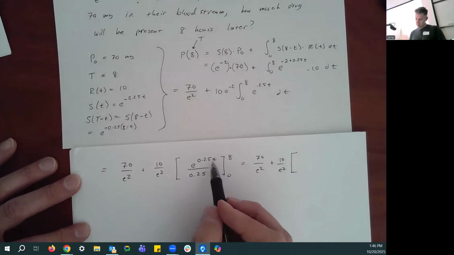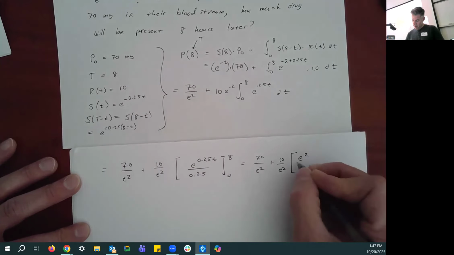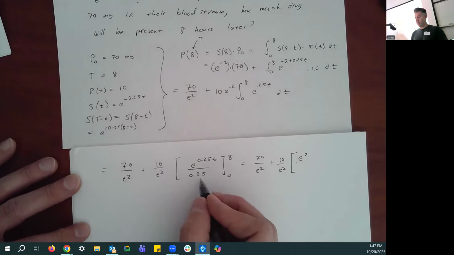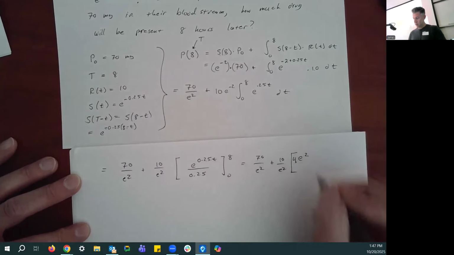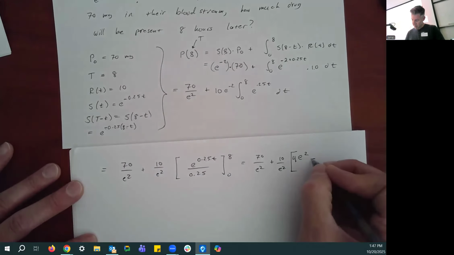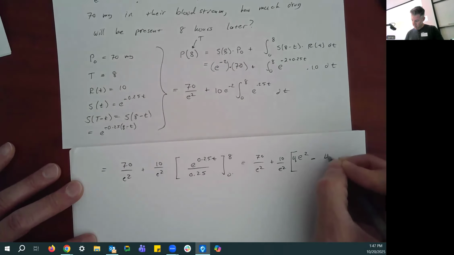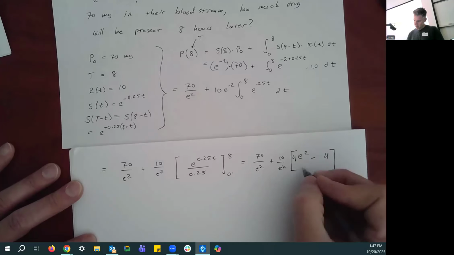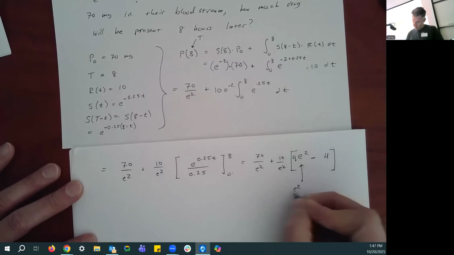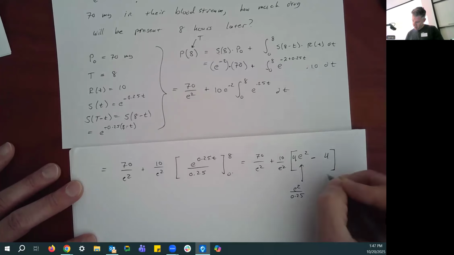Plugging in 8, e to the 0.25 times 8 is still e squared. Dividing by a fourth is like multiplying by 4. So we get 4e squared minus, if I plug in 0, I get e to the 0 over 1/4, or just 4. That's really e squared over 0.25. That's really e to the 0 over 0.25.